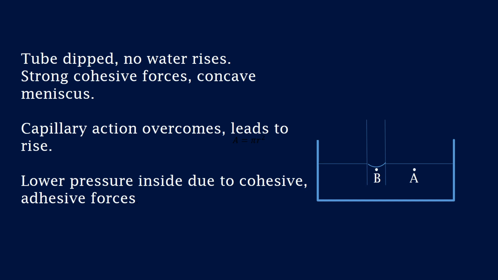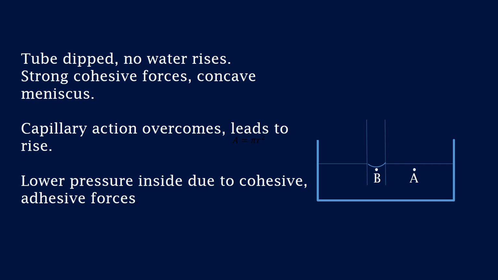This pressure gradient drives the capillary action, causing water to ascend into the tube until the pressure inside and outside reaches equilibrium at the same level. This deviation from the expected uniform pressure at the same depth is offset by the absence of water ascent.